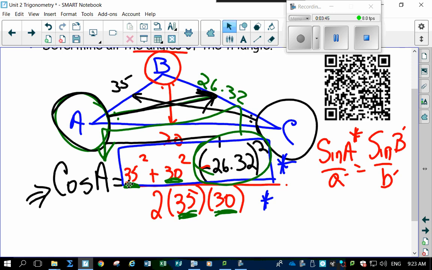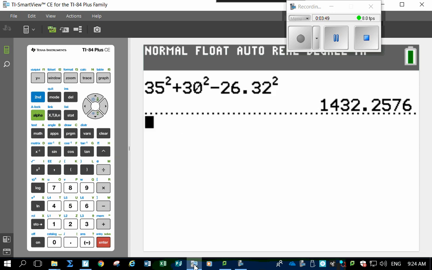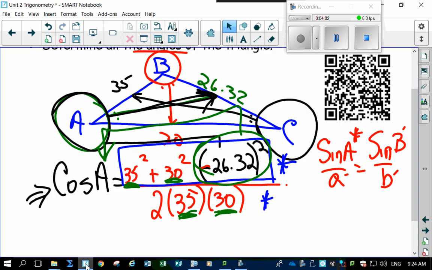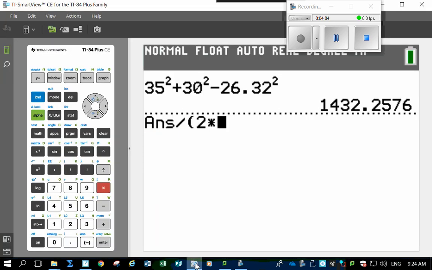All right, so throw that in there. 2 times 35 times 30. Let's bring up the calculator. Now, you're going to divide this by, and it's important right here, this is where students make the mistake. You have to put a bracket here because you're dividing by everything. So it's 2 times, what were the numbers again? 35 and 30. Okay, 2 times 35 times 30, and put the bracket around that.